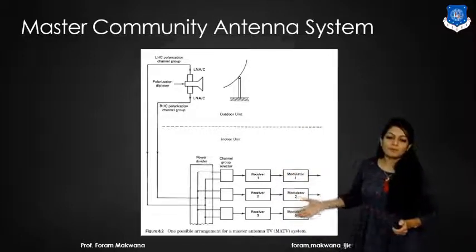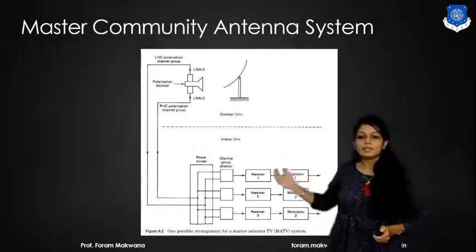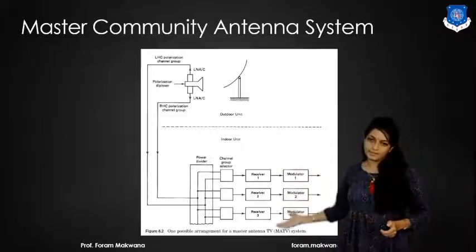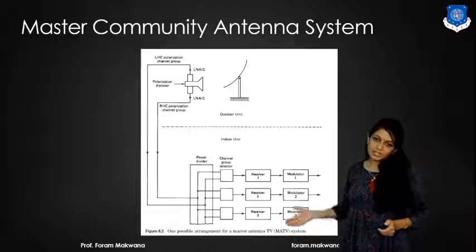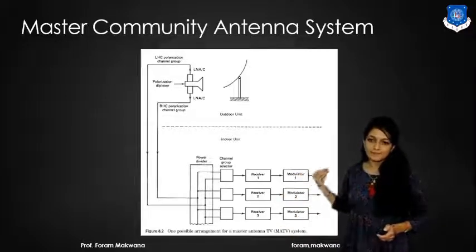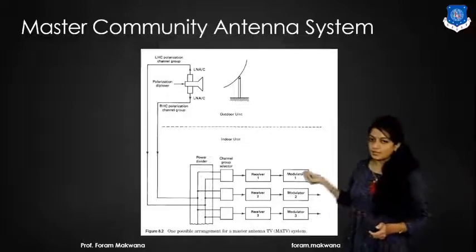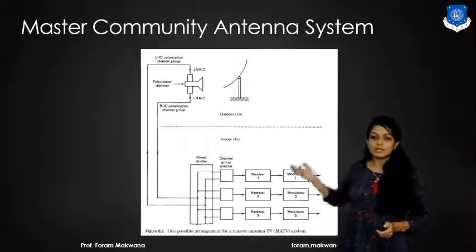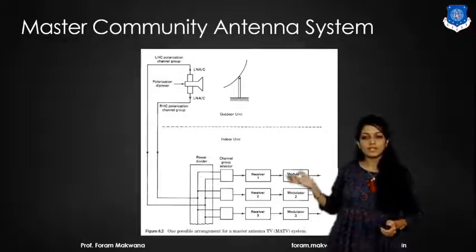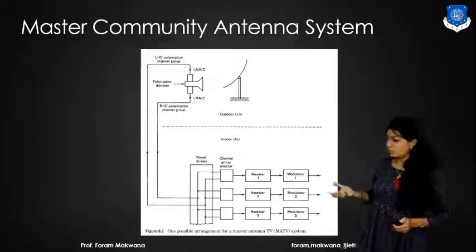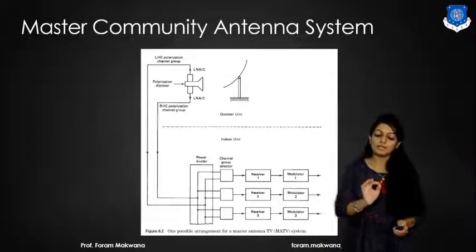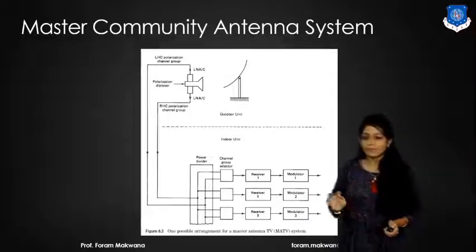After the power divider, the signal is applied to the channel group selector, out of which the channel needs to be selected by the modulator. The modulator is there for the modulation of the signal, which carries audio and video.